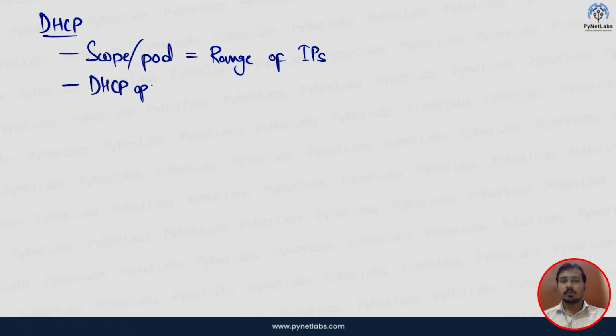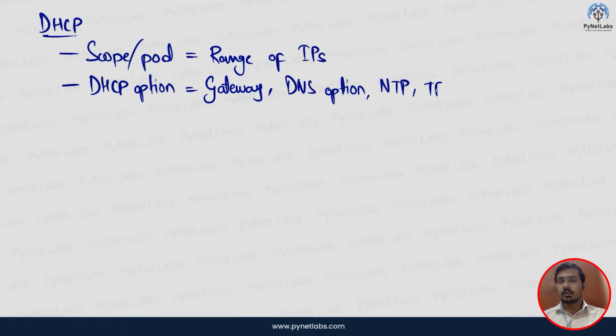DHCP not only provides IP addresses, but also provides information about the gateway, like how we can reach the gateway. It also provides the DNS option, like which is the DNS. Many times it can also provide information like the NTP server or the TFTP server. That is why we say DHCP option.